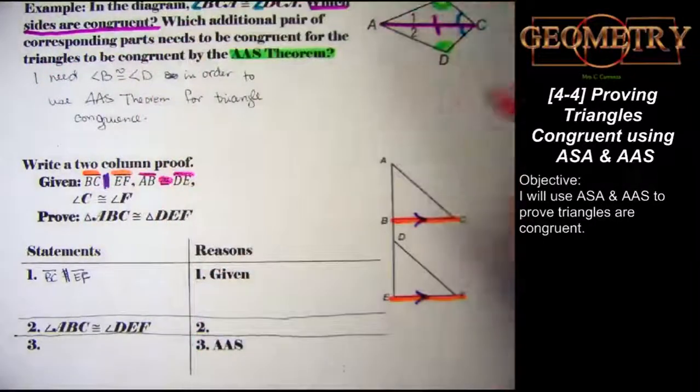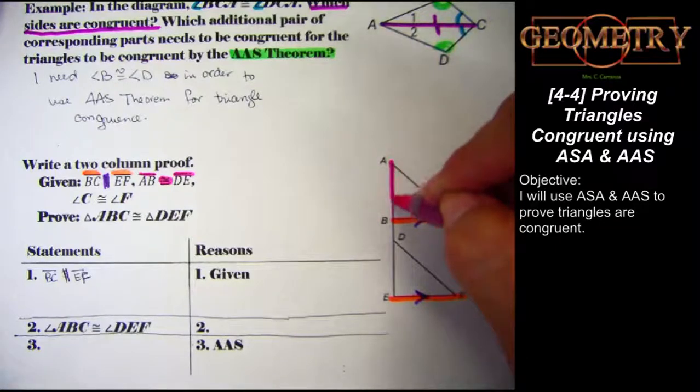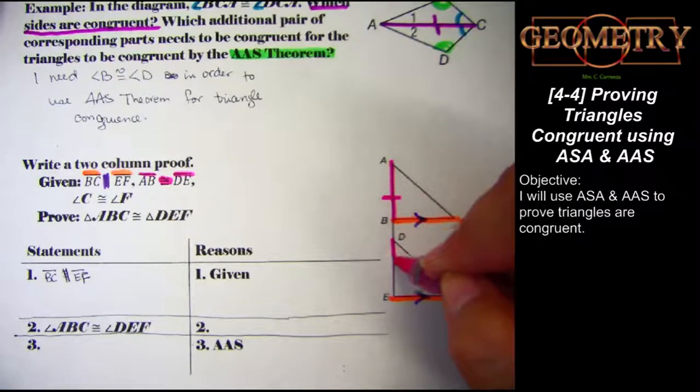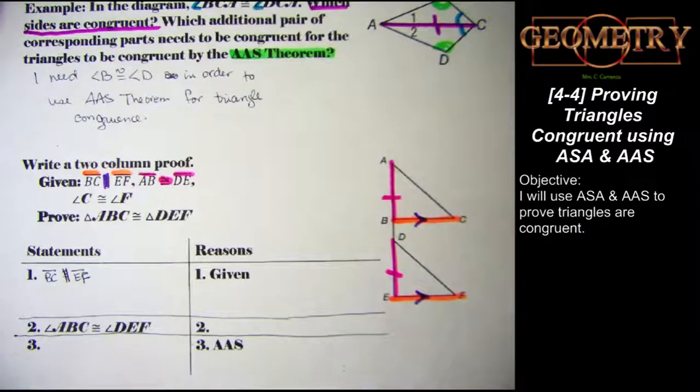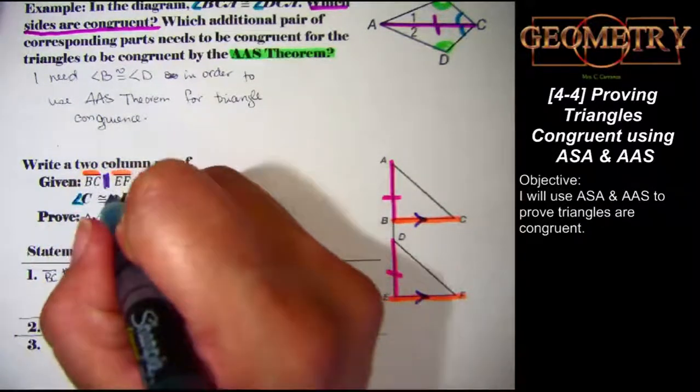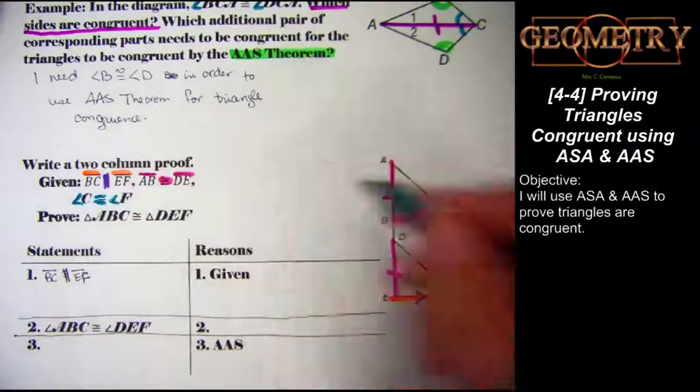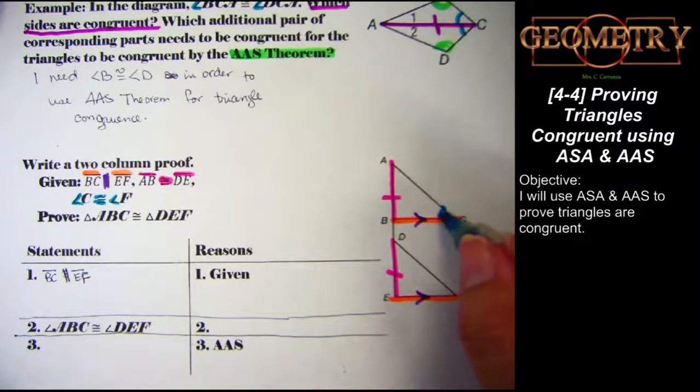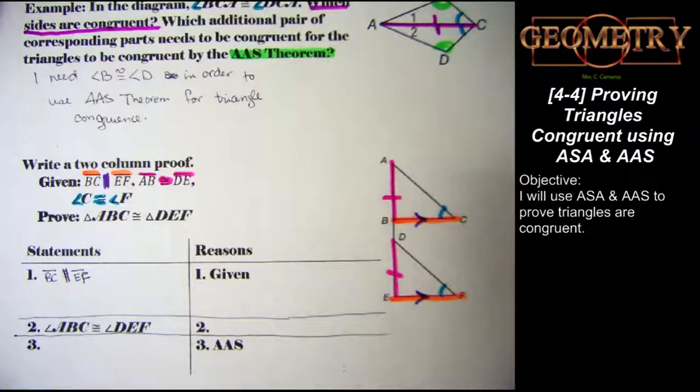Okay. I also have that line segment AB is congruent to line segment DE. There is AB, there is DE, there is my marking for congruence. And then I'm told angle C is congruent to angle F. Here is angle C, here is angle F. And the one arc in them means they are congruent.